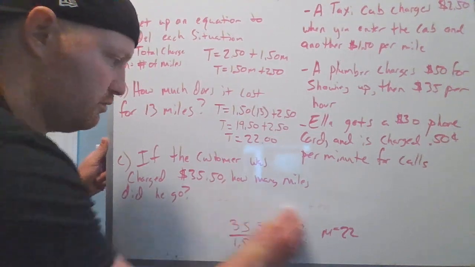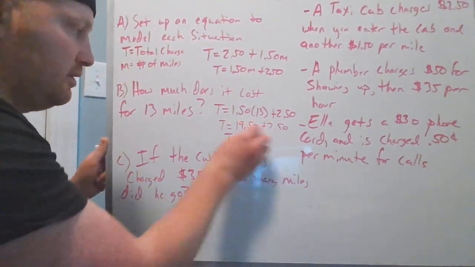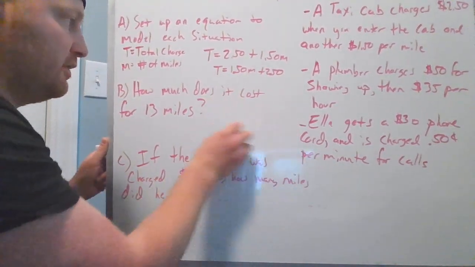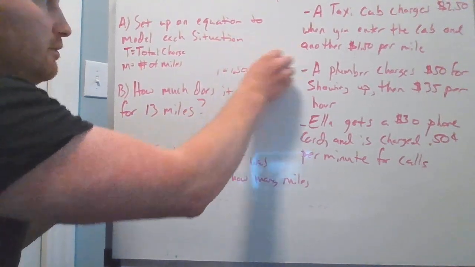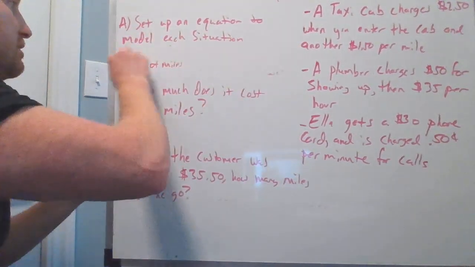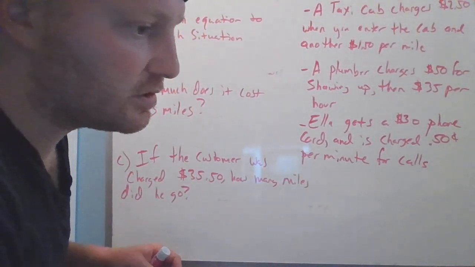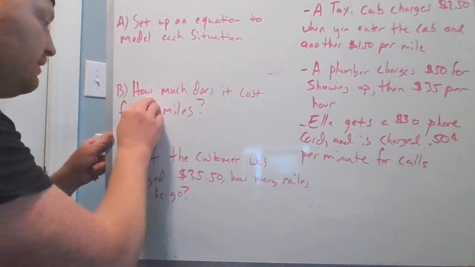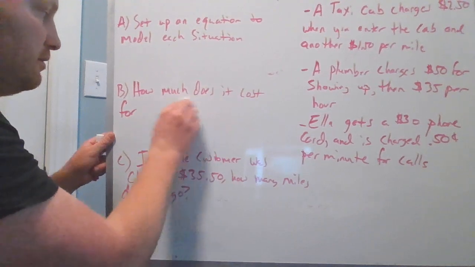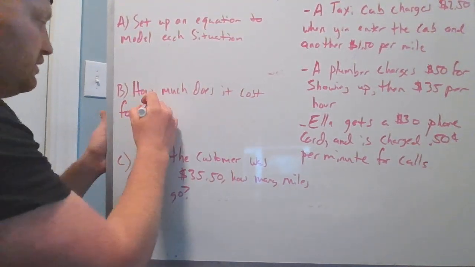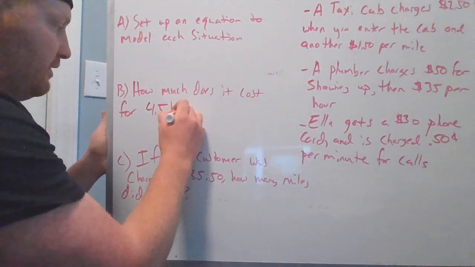So, I'm going to change some of this around a little bit just to make this efficient. This question stays the same, and I'm changing this to 4.5 hours. This is for 4.5 hours.